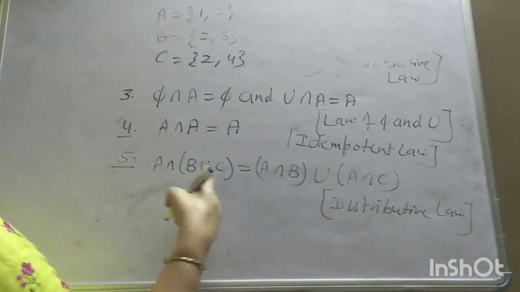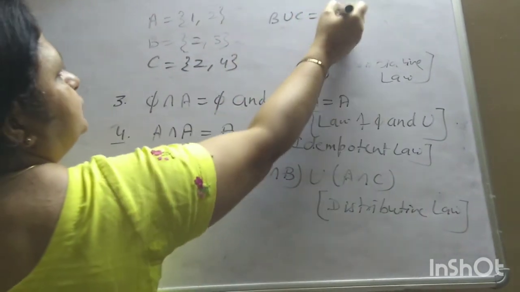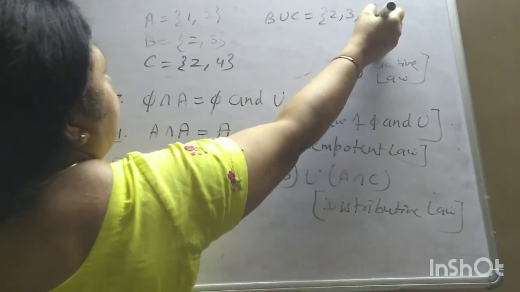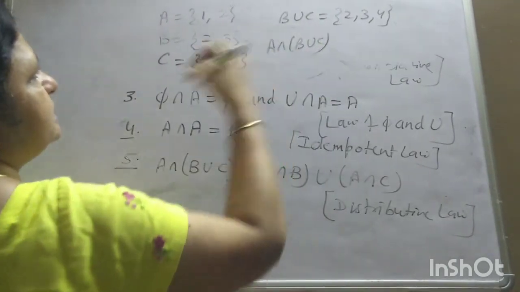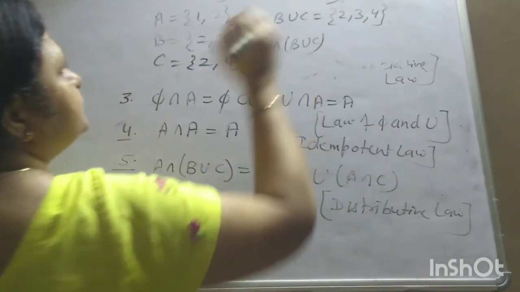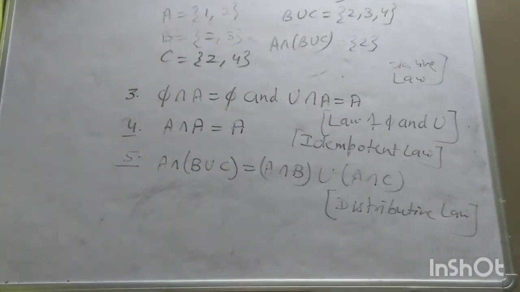Now, on the left hand side, B union C is {2, 3, 4}. And A intersection (B union C) means common in these two sets. So the result is {2}.